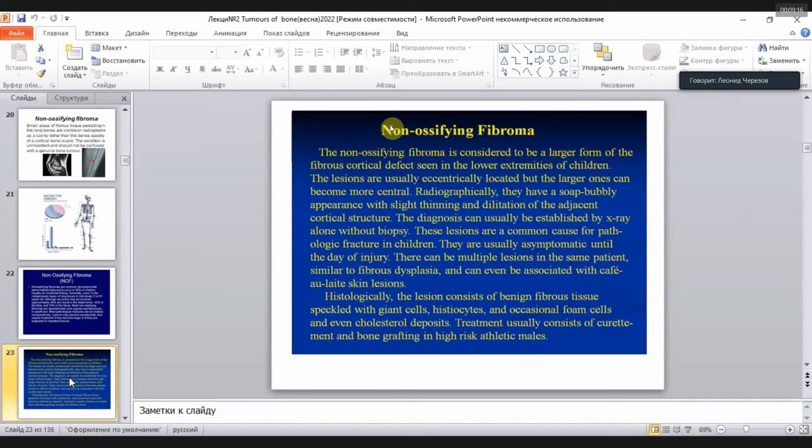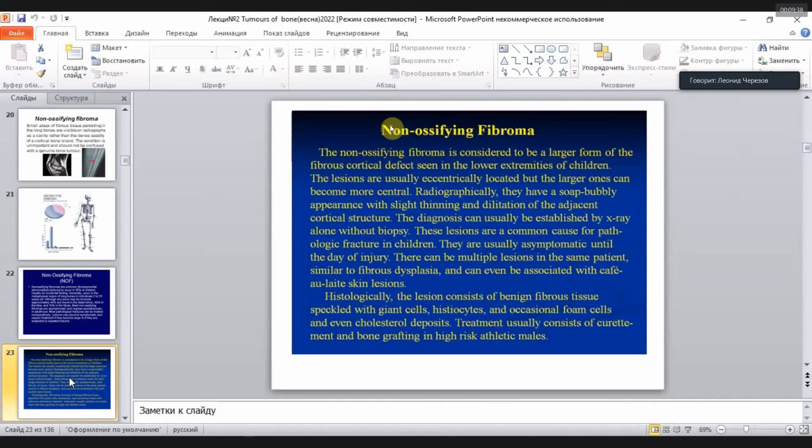Radiographically, they have a soap bubble appearance with slight thinning and dilatation of the adjacent cortical structure.